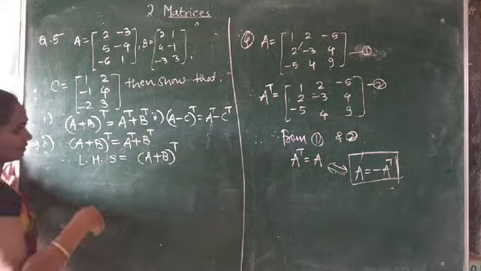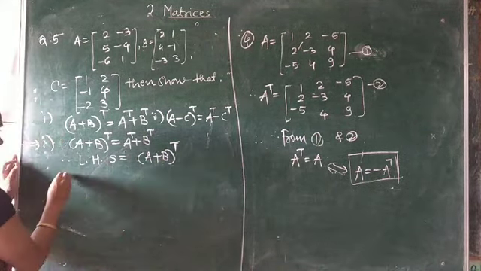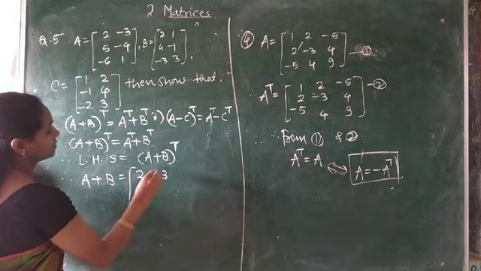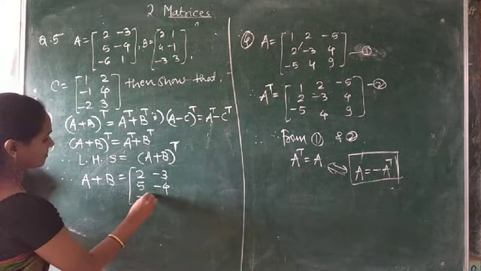So first, before taking the transpose, we solve A plus B, the addition of A plus B. A is [2, -3, 5; -4, -6, 1], plus B, [2, 1, 4; -1, -3, 3].